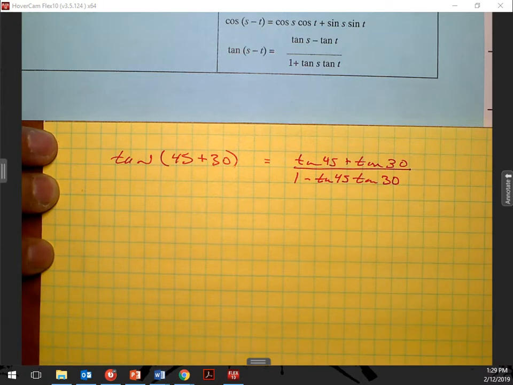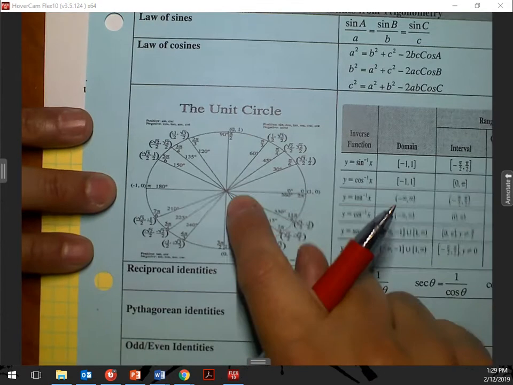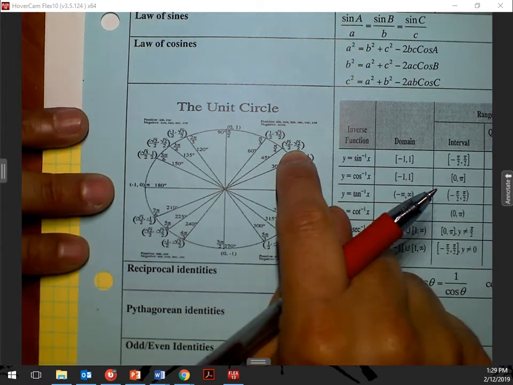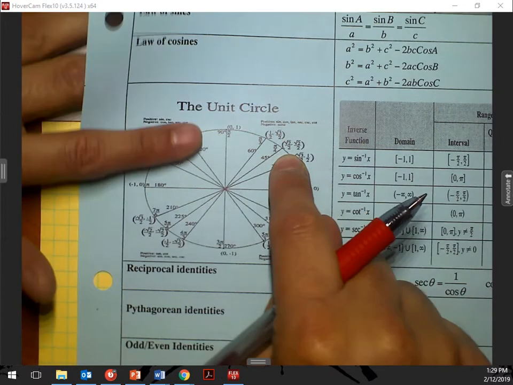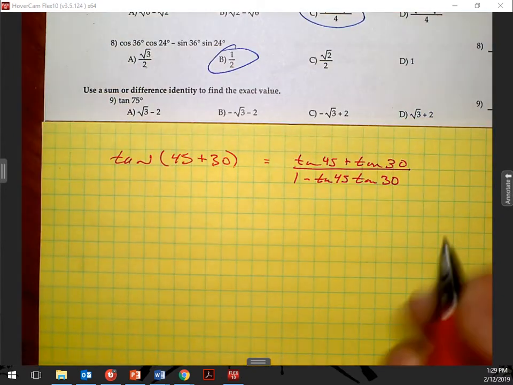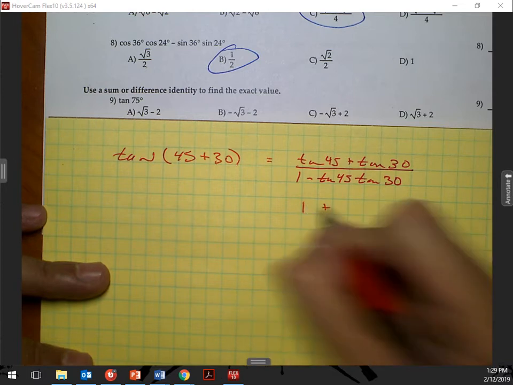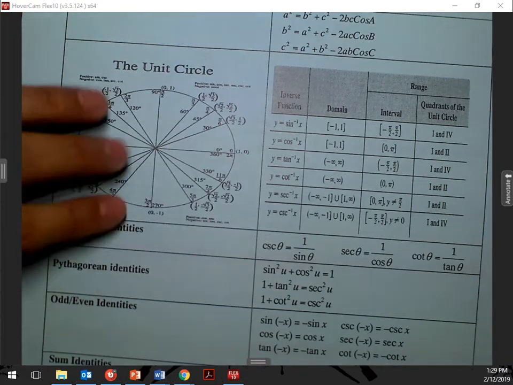So what is tangent at 45? Should be 1, right? Let's take a look right here. 45, isn't it sine over cosine? Do I have the same thing top and bottom? Yeah. So that's going to be a positive 1. So that's going to give me 1 plus tan 30. So here's 30 right here.